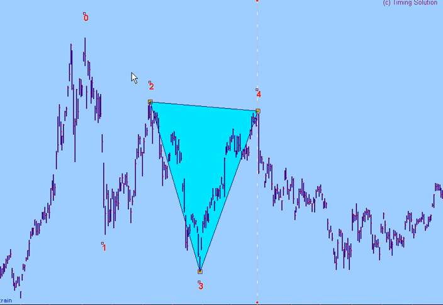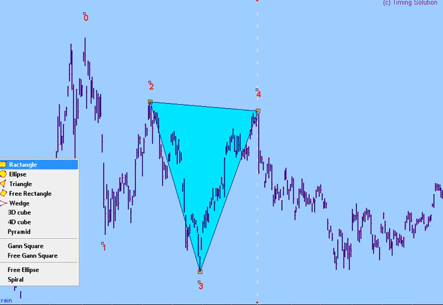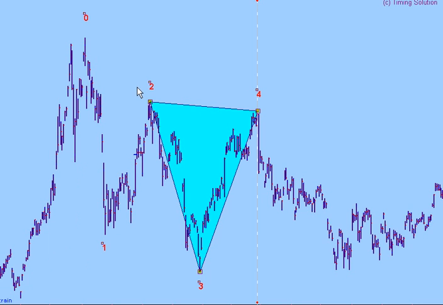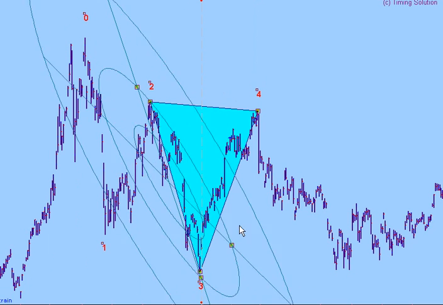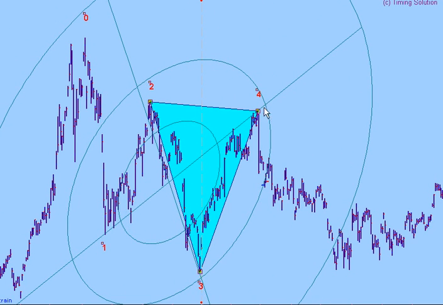Let's compress the chart a little. So right outside 2, right outside 3, and right outside 4.